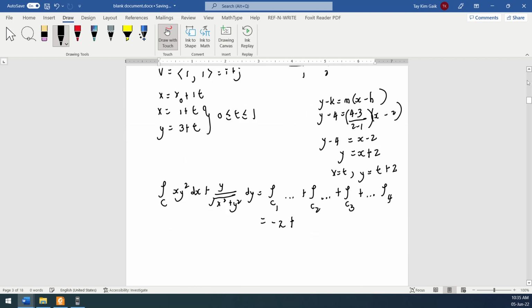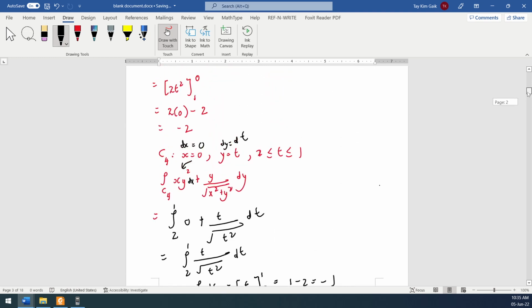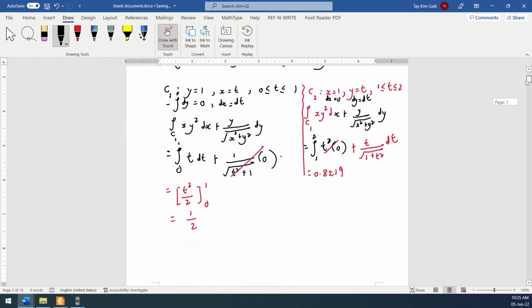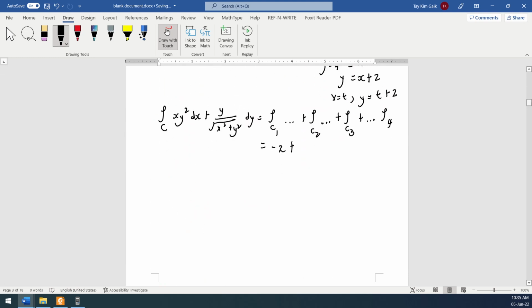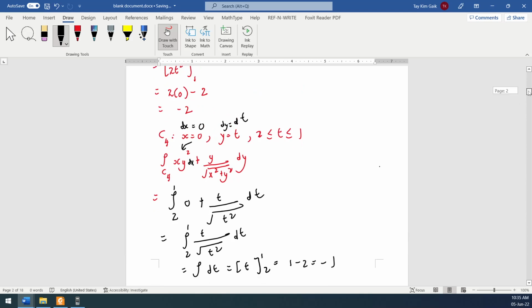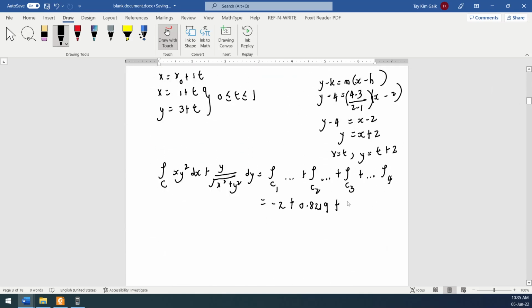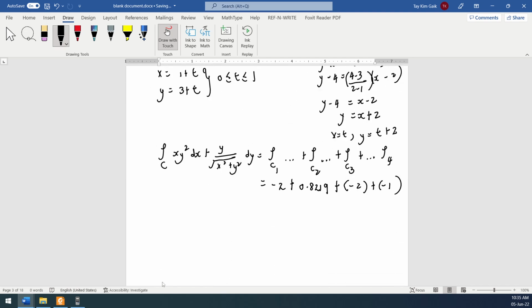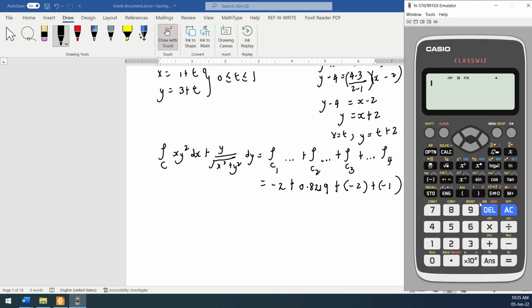C2 just now got the floating point, 0.8219. C3 we obtain answer is -2. C4 is -1. Okay, we try to add up. So -2, -1, it's total -5.